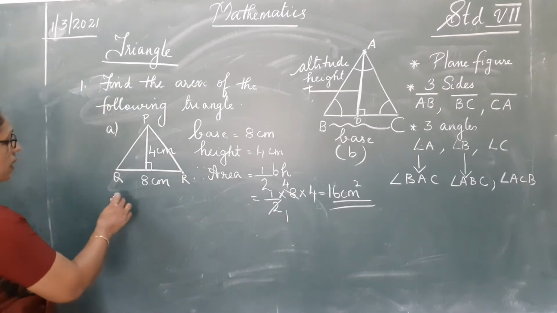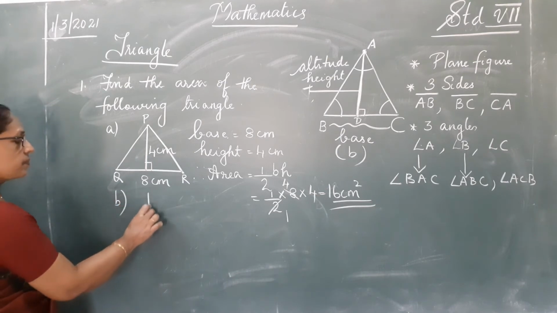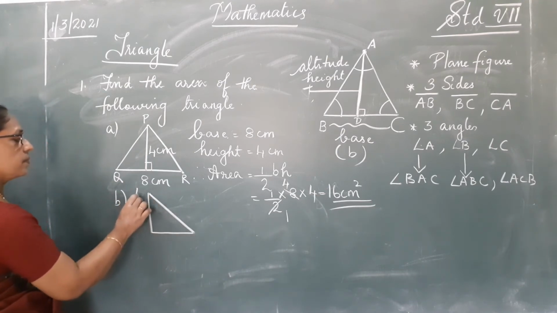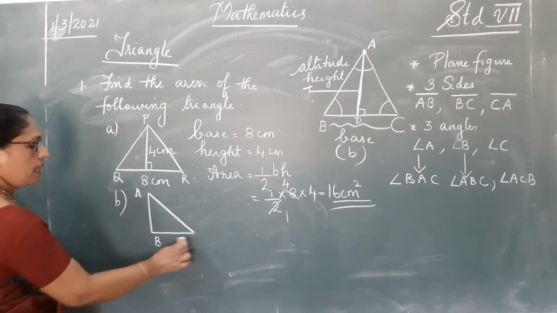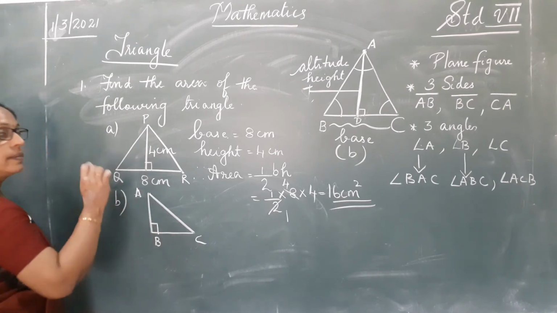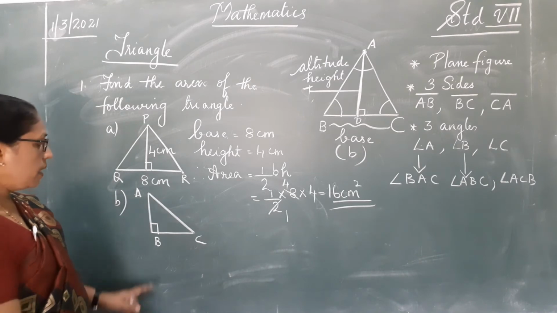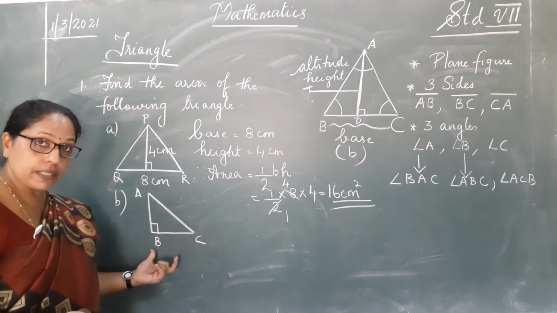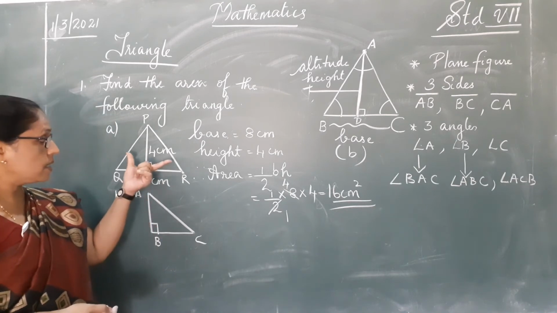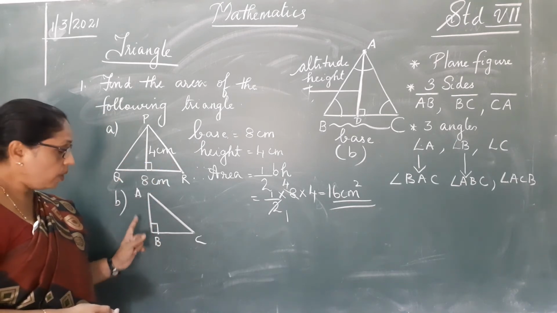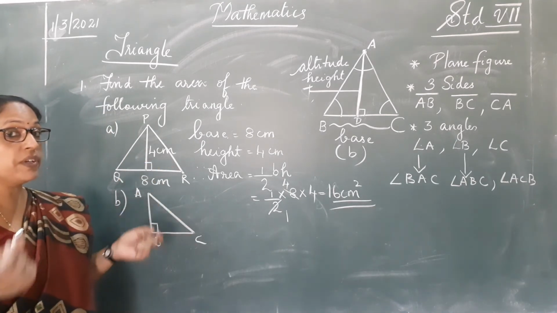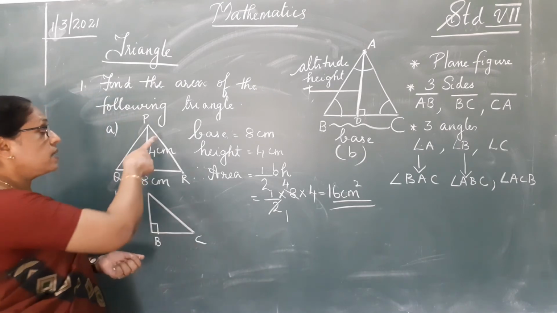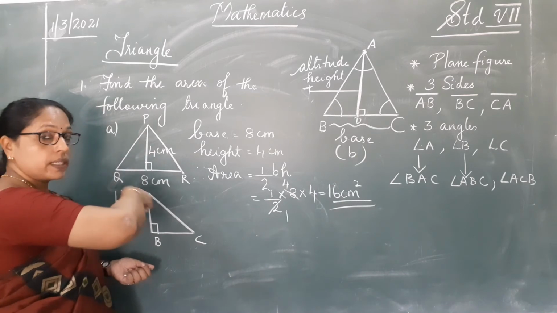Now let me give another picture, triangle ABC. What kind of triangle is this? This triangle and this triangle are different, right? You have learned different types of triangles. What do you call this triangle?